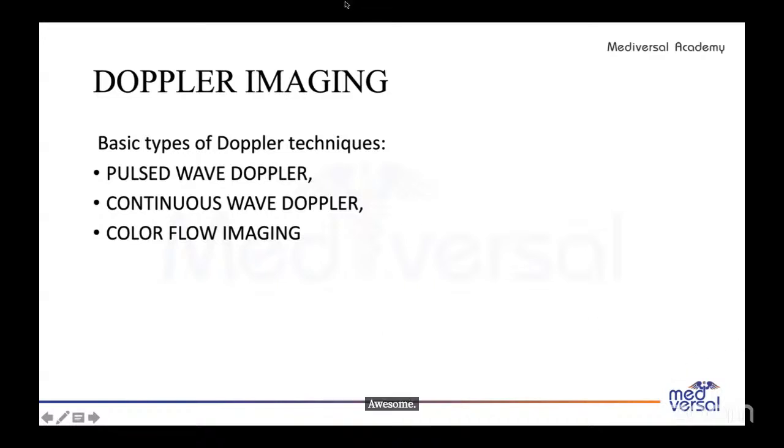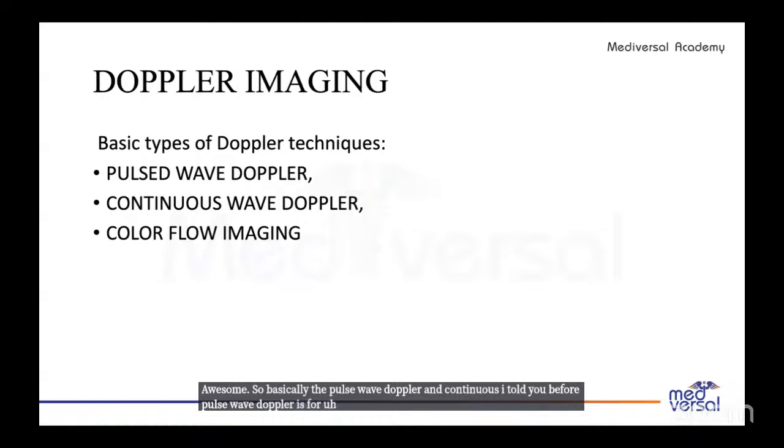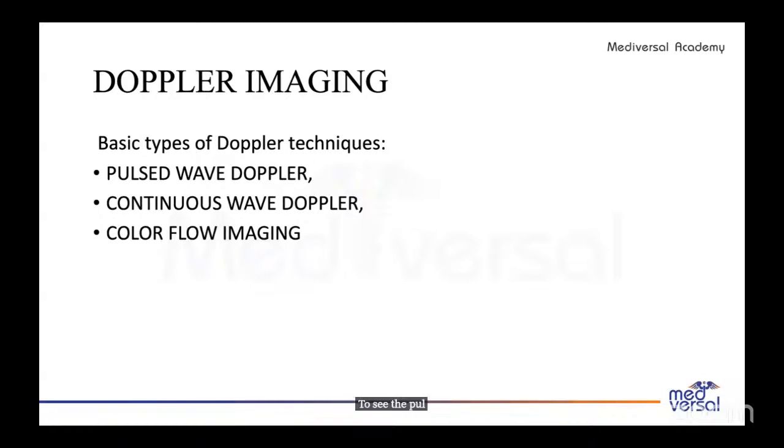So basically, pulse wave Doppler and continuous wave, I told you before, pulse wave Doppler is used to see the pulmonary artery Doppler view and the gradient. Pulse wave is also used to see the mitral valve gradient, and continuous wave is for the aortic valve gradient.